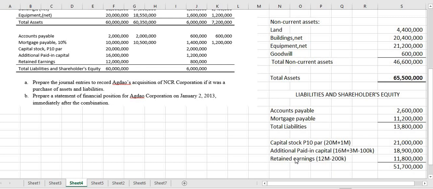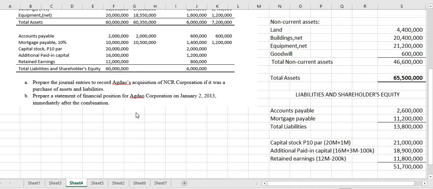Take note that the only shareholders' equity accounts carried forward are those of the acquirer, which happens to be Agdao. So ignore those of NCR, being the acquiree. Okay?